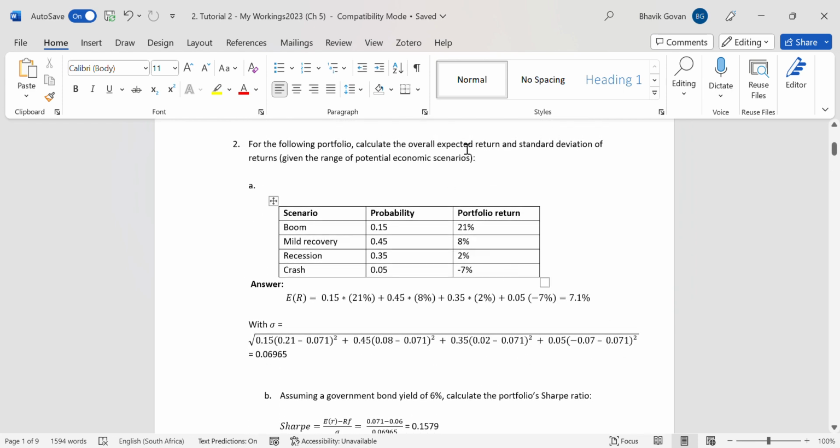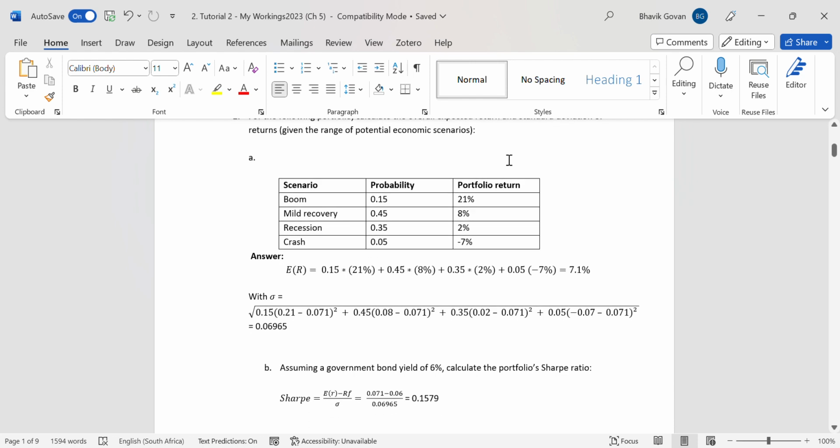And then we're also expected to calculate the standard deviation of this portfolio.